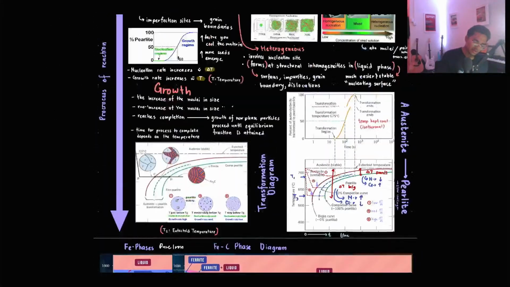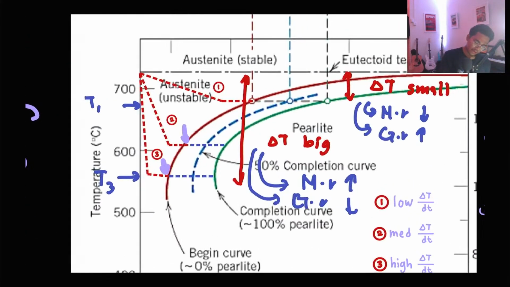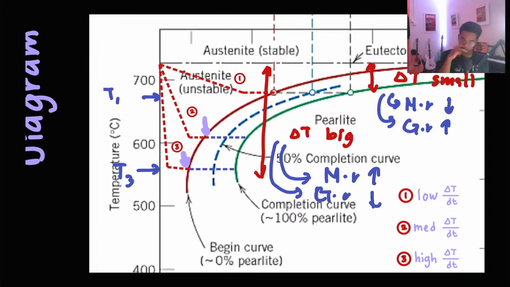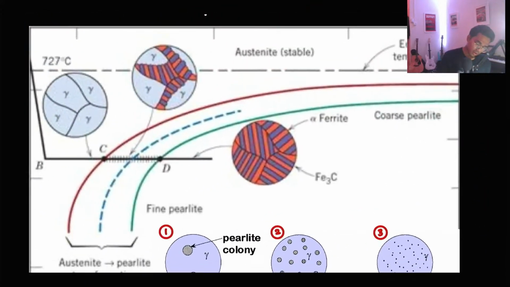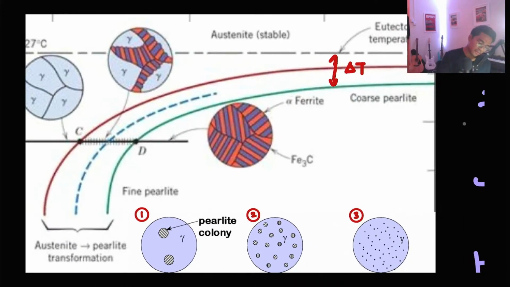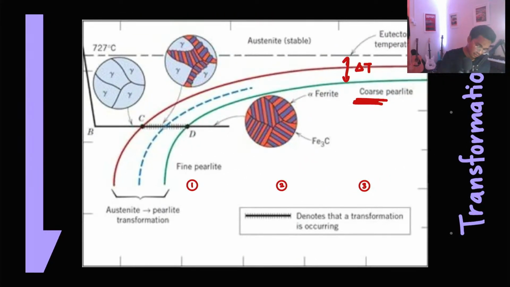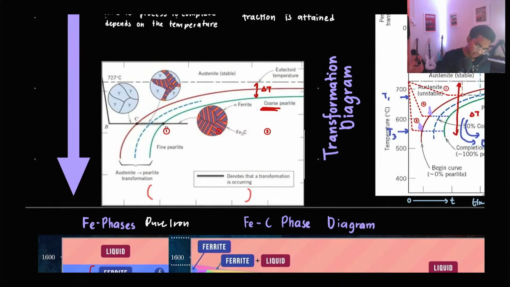Earlier I mentioned what's the difference of the end product of these two curves, one with the small difference in temperature and one with the big one. If you have a small difference in temperature, you would be having coarse perlite.